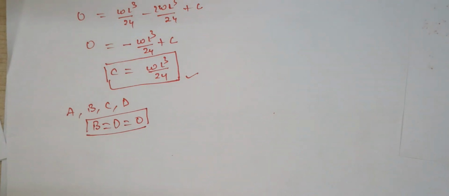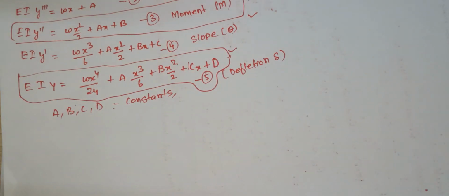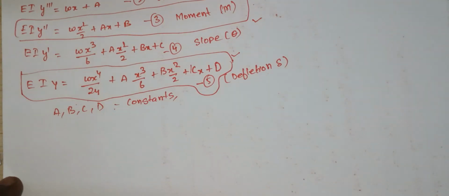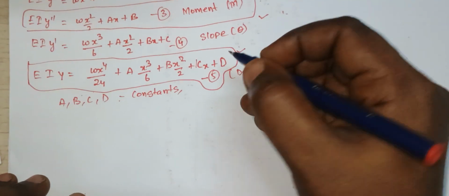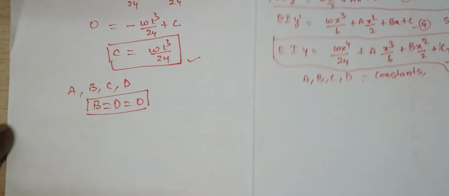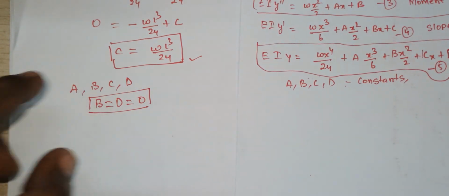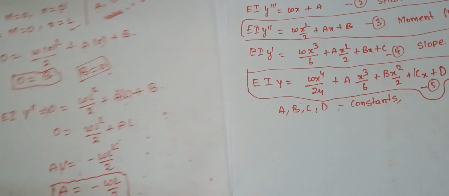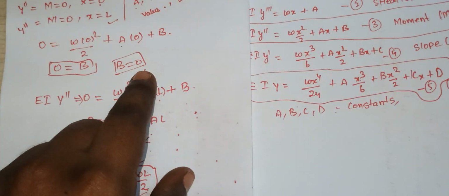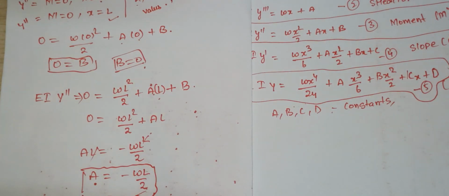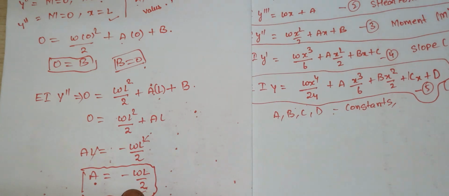Let's go back to our deflection equation again and substitute these values, as this is our equation. So D is equal to 0 and C is equal to WL cube by 24, and previously we have solved for B is equal to 0 and A is equal to minus WL by 2.